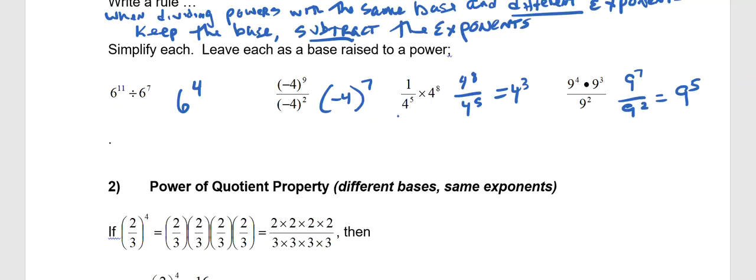So you can see with this one in particular, this is similar to multiplying numerators across over multiplying denominators across. So this becomes 4 to the 8th over 4 to the 5th. Subtract the exponents, 4 to the 3rd. This last one, we had a product rule on top before we moved on to the quotient rule.